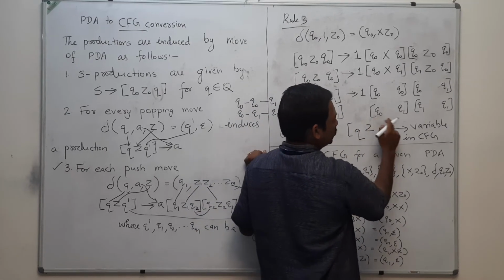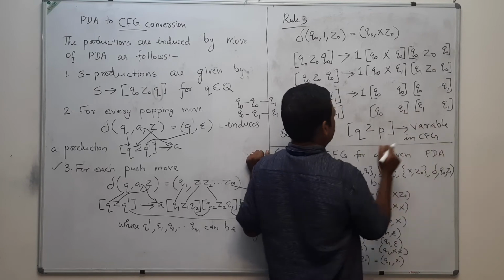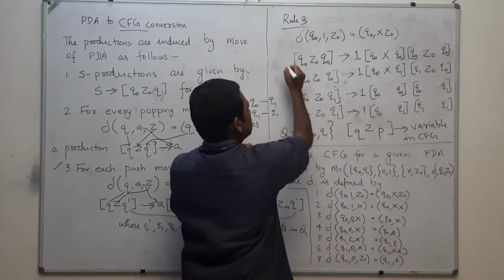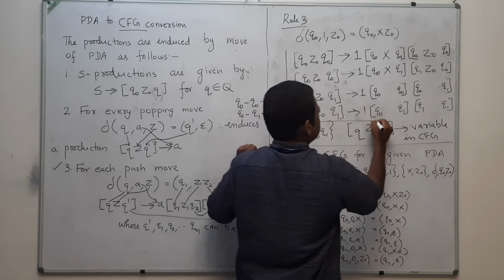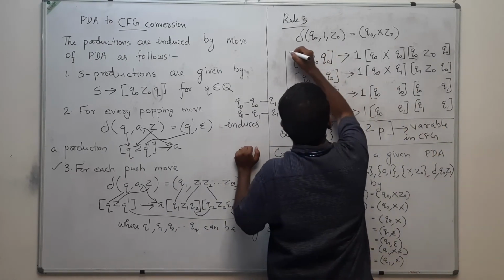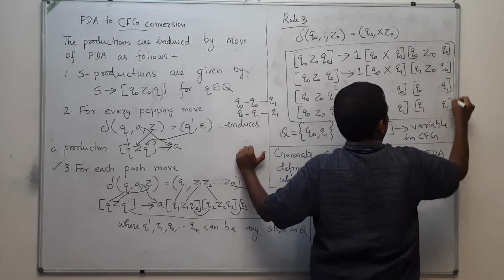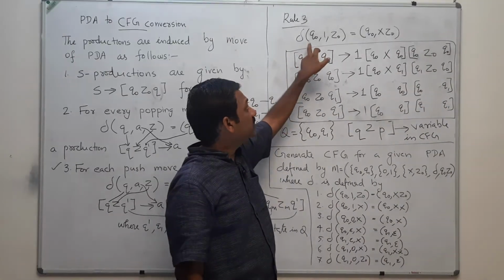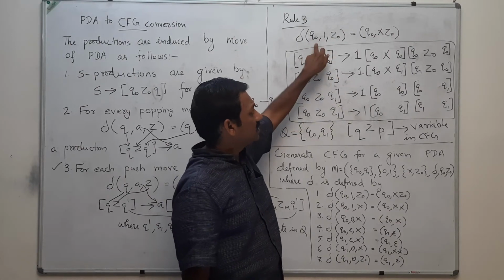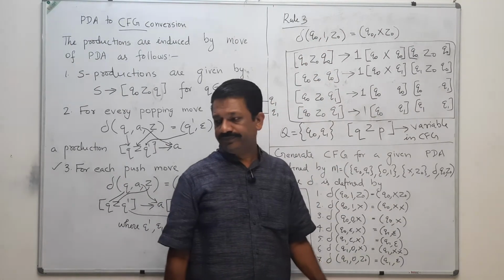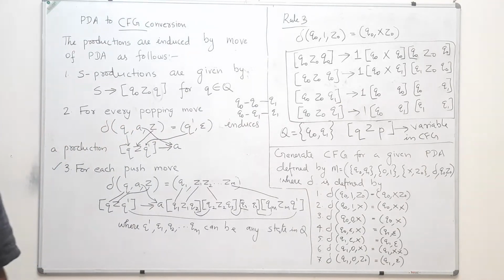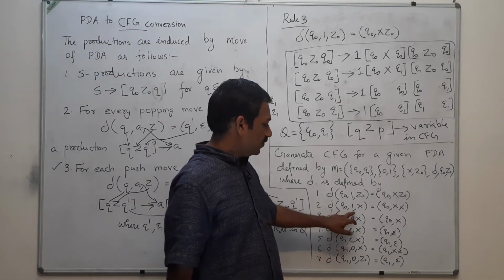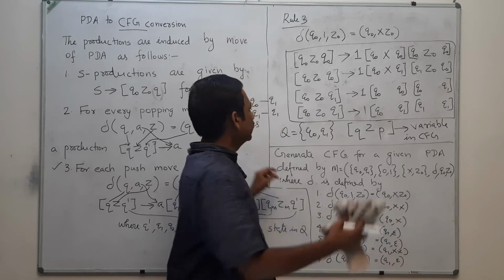You are moving from Q0 to Q1 and then to Q1. That is 1. So these are the four productions we have derived for this, as it is a push operation. Now we are moving to the next one, delta of Q0, 1, x, Q0, xx.